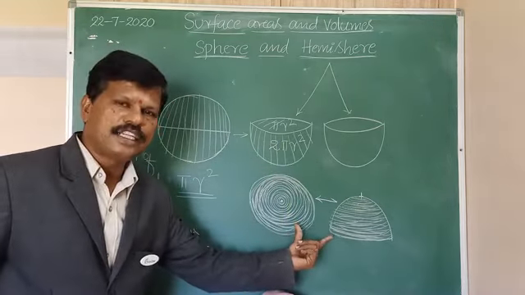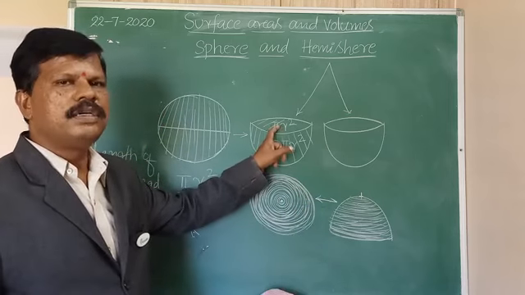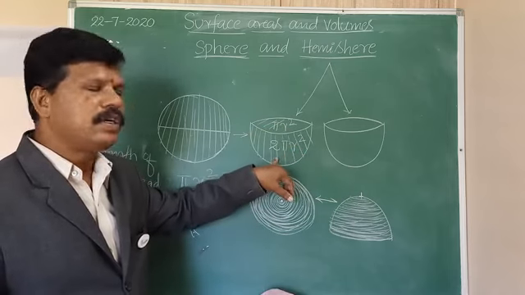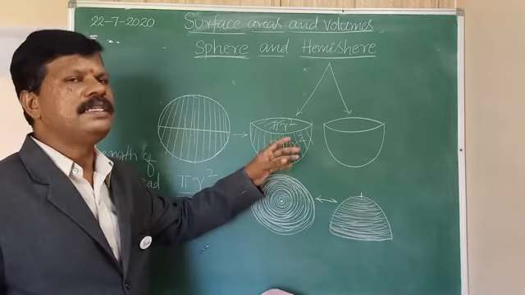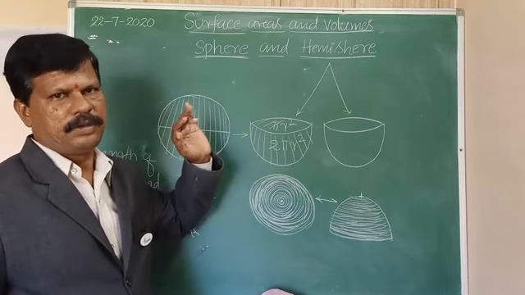So from this experiment, you can conclude that the area of the curved part, that means the upper part of the hemisphere, is exactly double the area of this circular region.